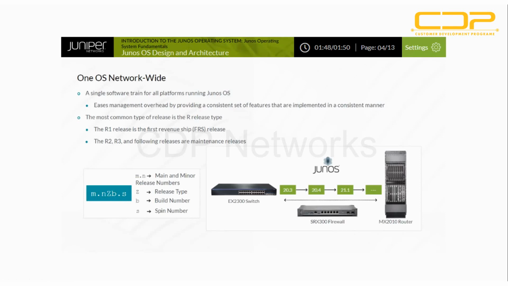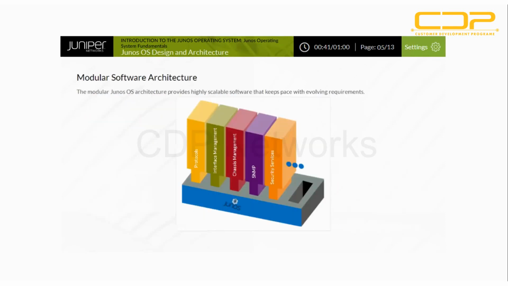Basically, in the Juniper operating system, they produce two separate operating systems, one just for the beta version, and another one called the bug fix version. And see here, another feature of the Juniper operating system is modular software architecture.